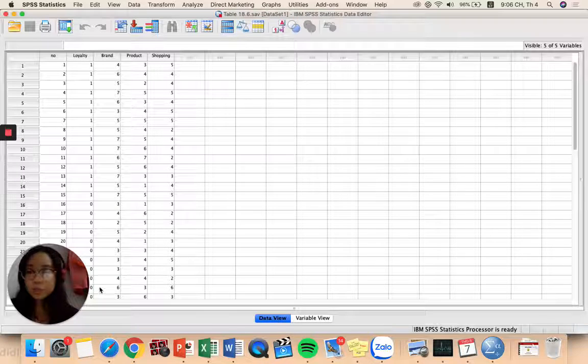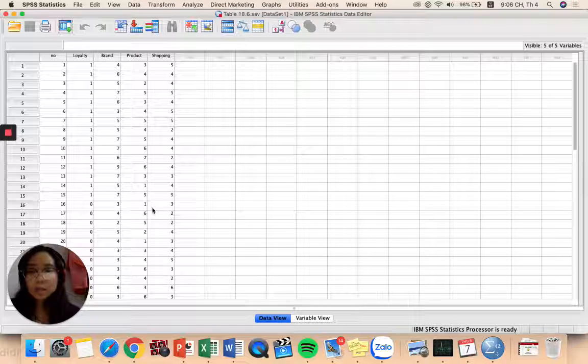They also measured attitude toward the brand, attitude toward the product category, and attitude toward shopping. And all these are measured on a scale from 1 to 7.